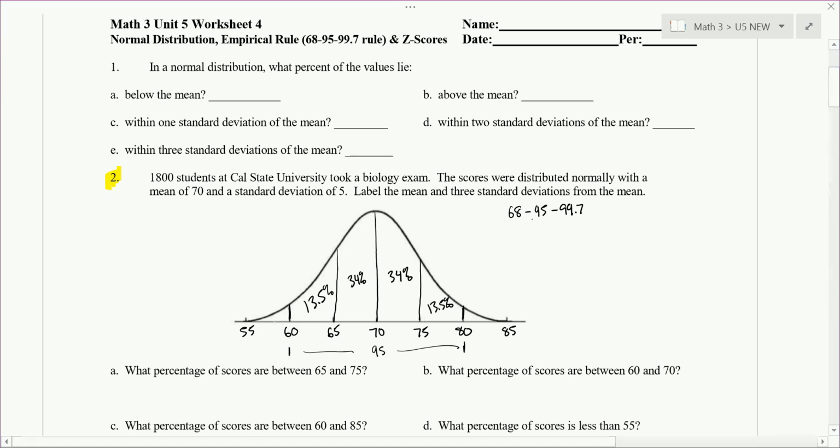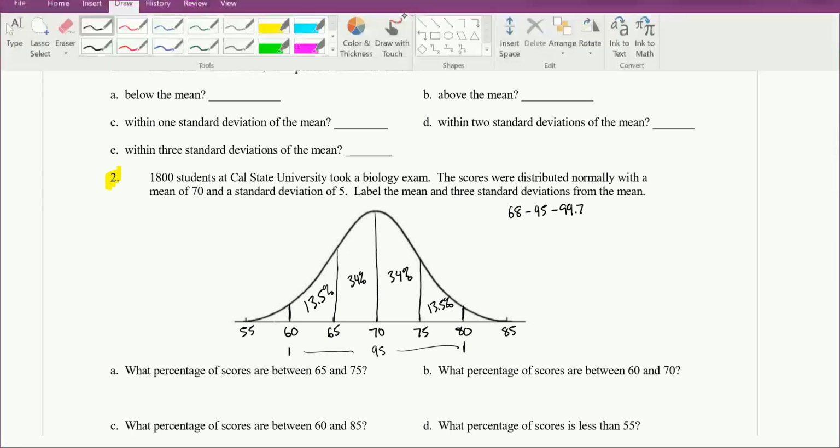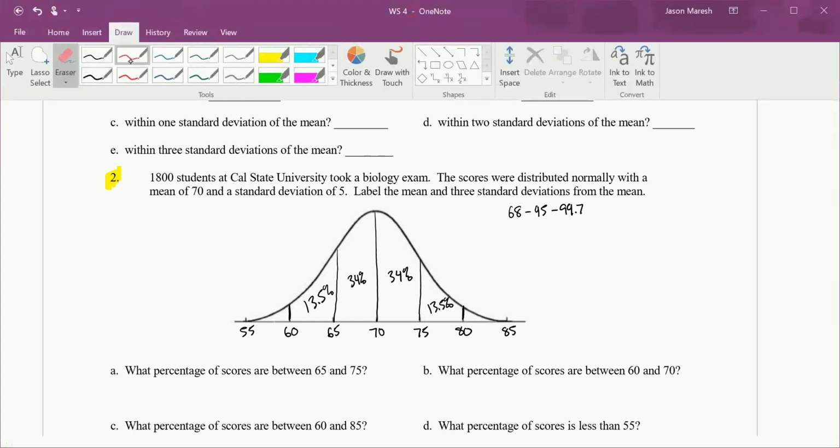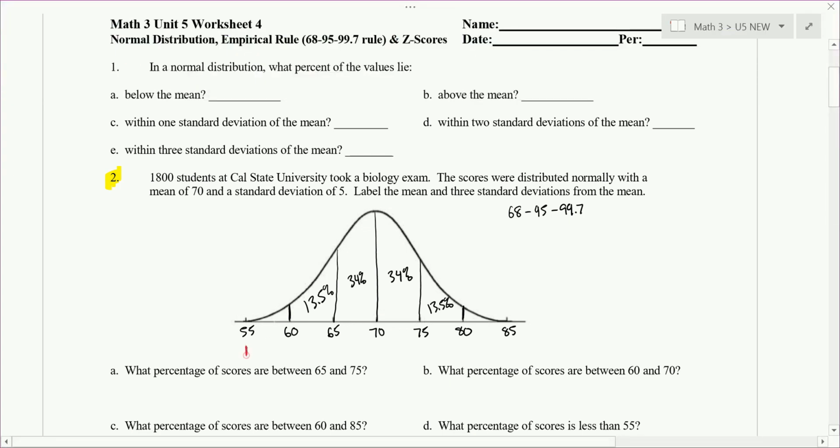And then 99.7 spans 3 standard deviations to the left and right of the mean. So that would go from 55 to 85, and that should cover 99.7% of the data.